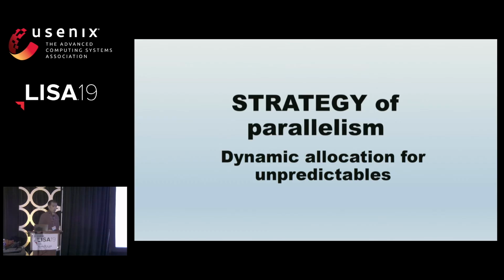Okay, let me go on to the strategy of parallelism. Uncertainty is a fact of network traffic, as we already know. Sessions are unpredictable, so dynamic allocation is useful in this case.